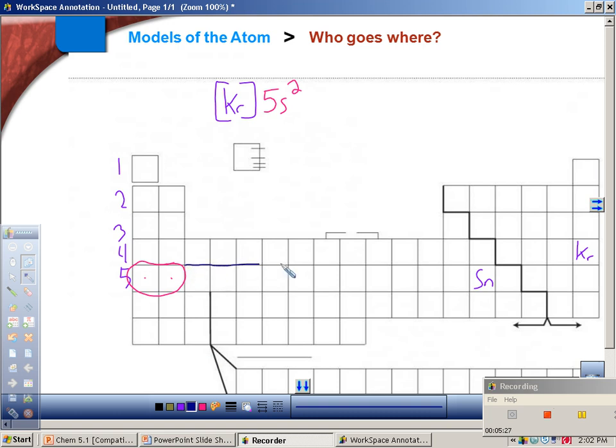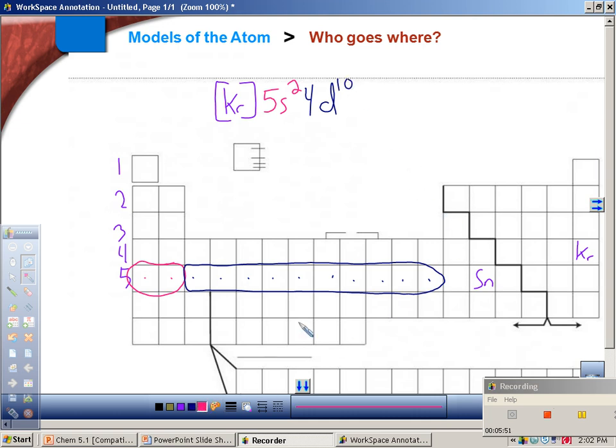So then my next block is the d block. And remember when we do the d block, we have to subtract 1, so that's 4d. Now all of these boxes are filled. And if I count them, there's 10.